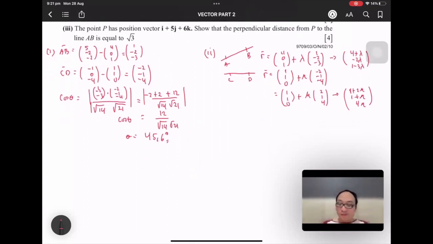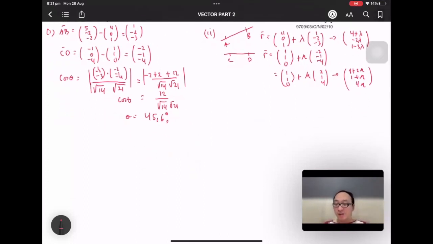To prove that they intersect, we have to make sure that all the components have the same value. So I can construct the equation of the first and the third row of each line. So 4 plus lambda on the line AB equals the first row 1 plus 2 mu of the line CD.